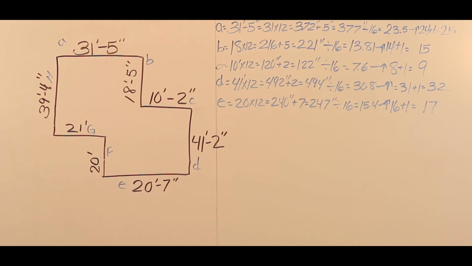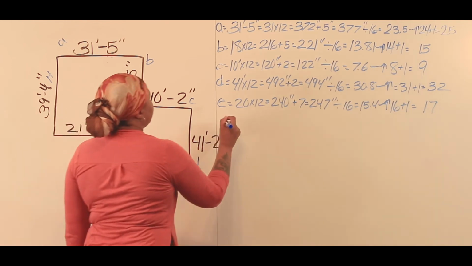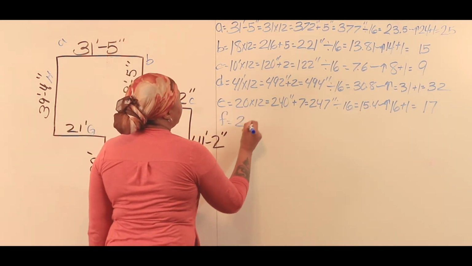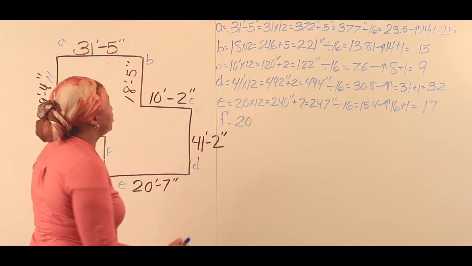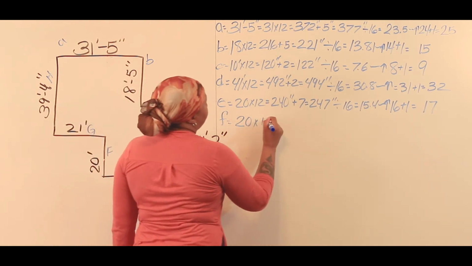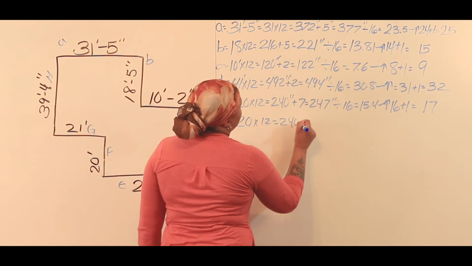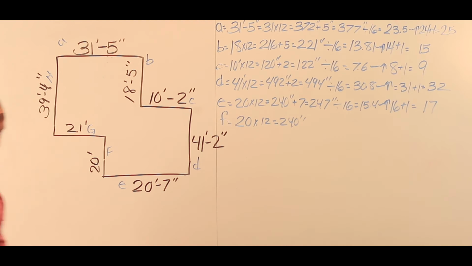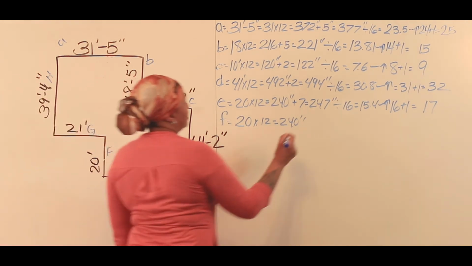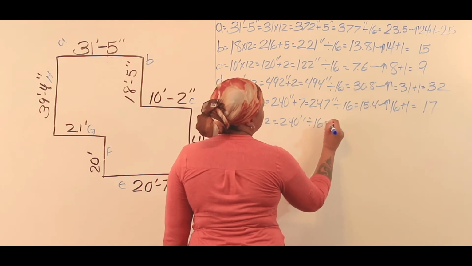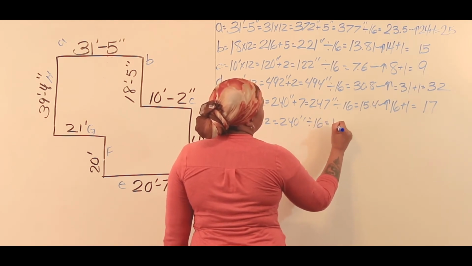So F, we got 20 feet. 20 times 12 is 240. Now what? Divided by 16. There are no inches to add to it, so we divide that by 16. 240 divided by 16 is 15 flat out.